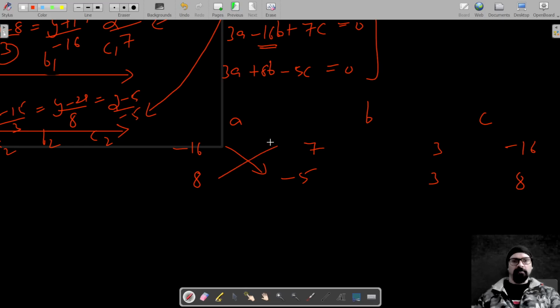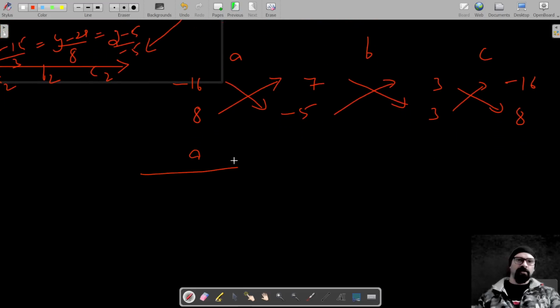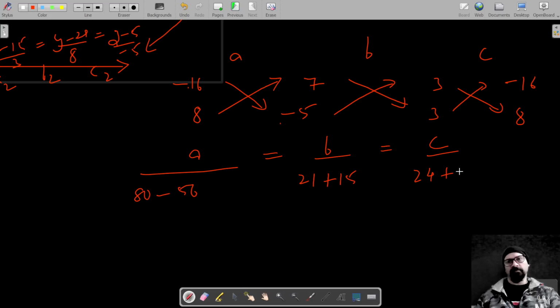Let's cross multiply and subtract. So a is negative 16 into negative 5, which is 80, minus 8 into 7, which is 56, and b is 7 times 3, which is 21, plus 15, and c is 24 plus 16 times 3, which is 48.